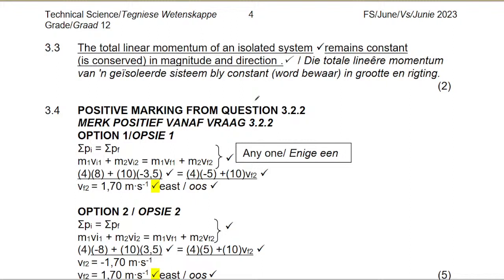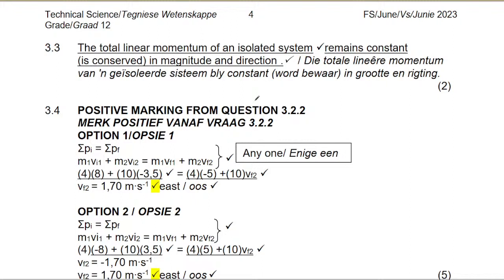Then remains constant or is conserved in magnitude and direction, we can give that 1 mark. So the learner can say either remains constant or is conserved in magnitude and direction. That will be the 2 marks.